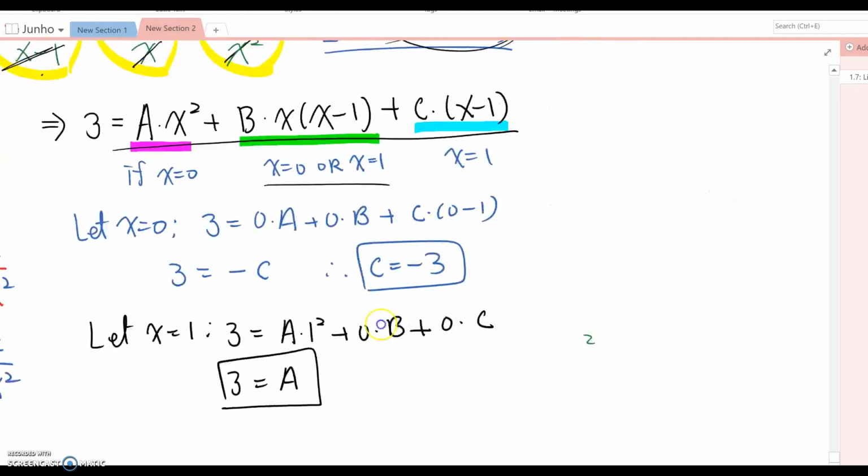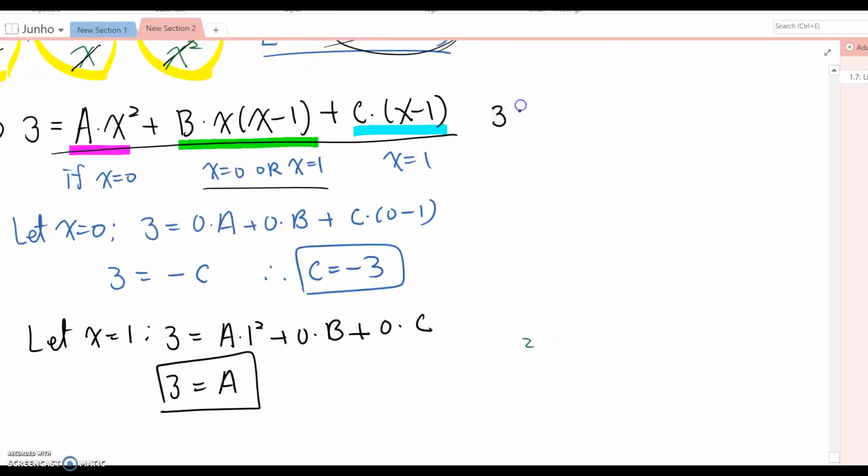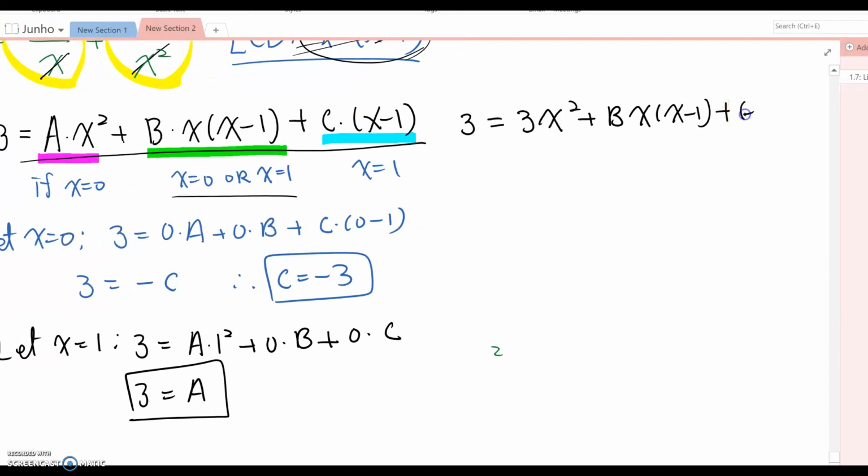Okay, so let's do it. Then this becomes 3 equals 3x squared plus bx times (x minus 1) plus negative 3 times (x minus 1). Okay, so we can make 3 equals 3x squared plus bx squared minus bx minus 3x plus 3.